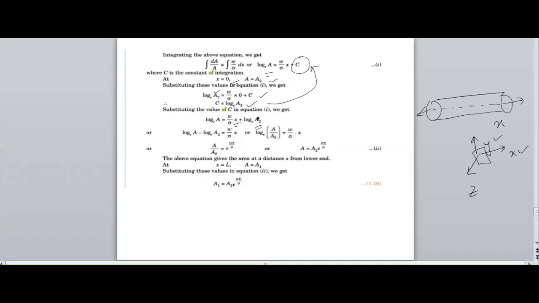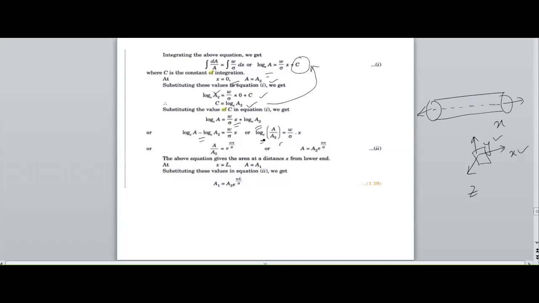Moving log A2 to the left hand side, we get a negative sign. Therefore, log A by A2 is equal to omega by sigma into x.